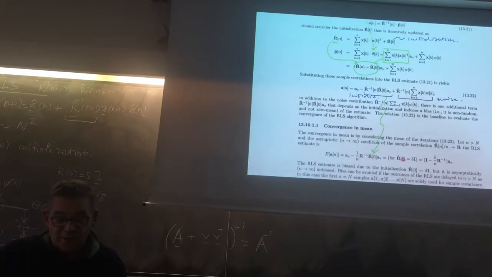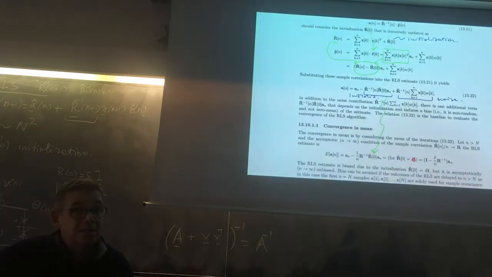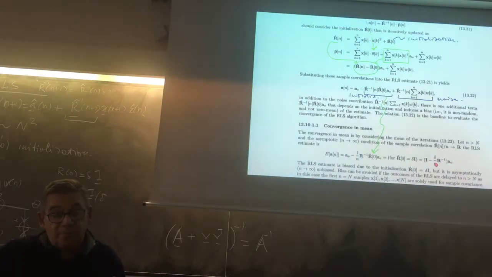As I told you, a very common way is to initialize as a diagonal matrix. The reason for diagonal is that it can be inverted trivially. If I initialize this way, then my bias is a delta number, which is hopefully small, divided by n times R to the minus 1.